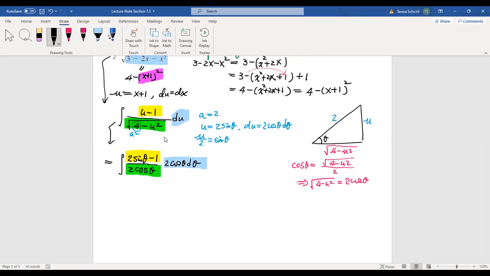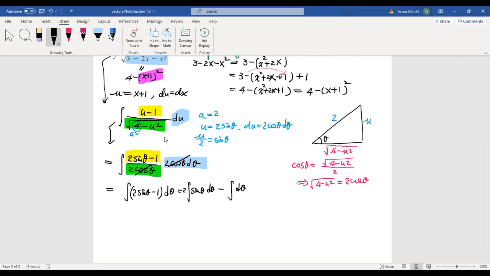Now let's take a look. What can we do? Oh, not bad. This one can cancel, so now I have the integral of 2 sine theta minus 1 d theta. I can say this is 2 sine theta d theta minus 1 d theta.